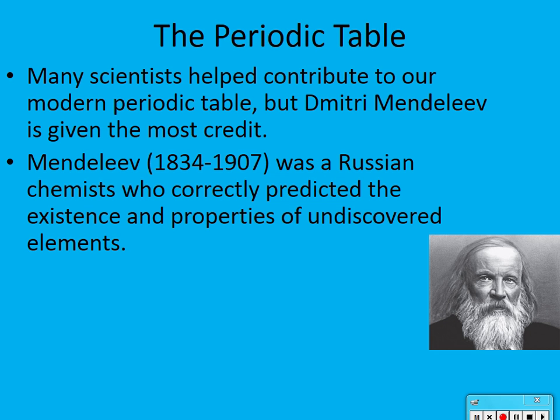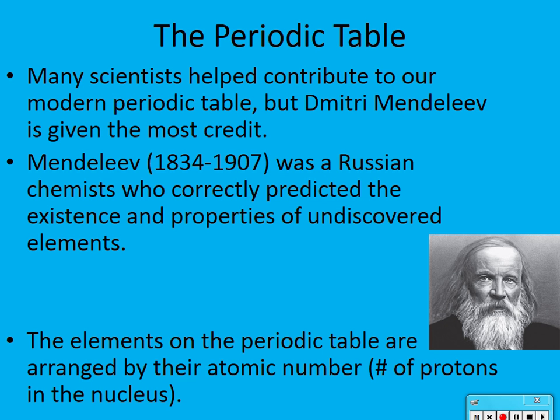He was creating the periodic table, but he left holes because he knew an element would be discovered someday that would fit in that spot. As it turned out, he correctly predicted the existence of those elements. And so he's given the most credit with creating our modern periodic table. So, a Russian chemist, Dmitri Mendeleev.